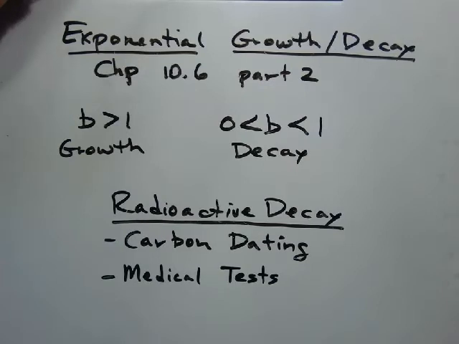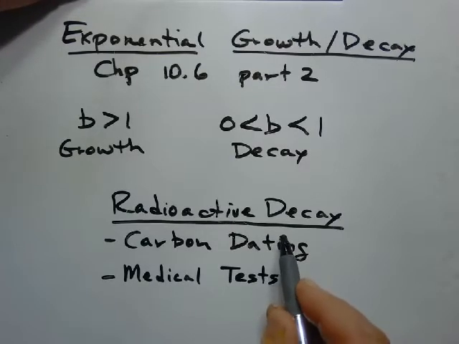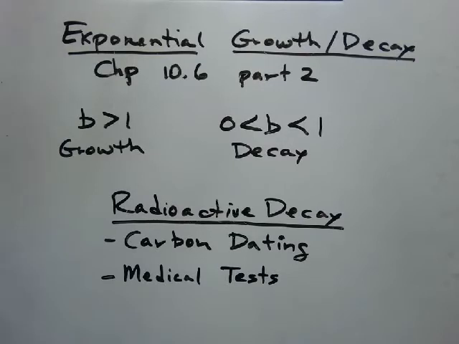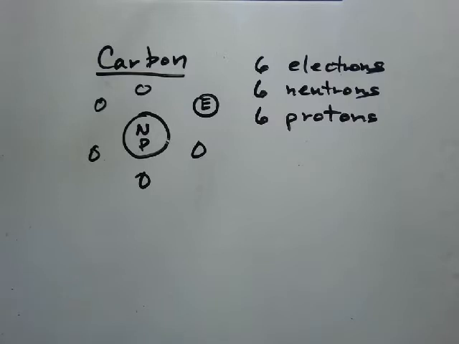Radioactive decay is used oftentimes in carbon dating, carbon-14 dating, and medical tests and some other things. Let's take a look at what it really means. Just by way of example, let's talk about carbon, but this basic idea applies to every element, really.